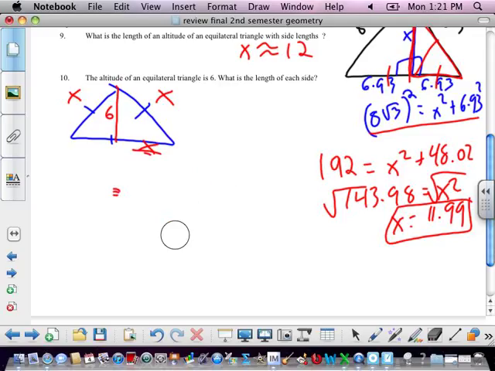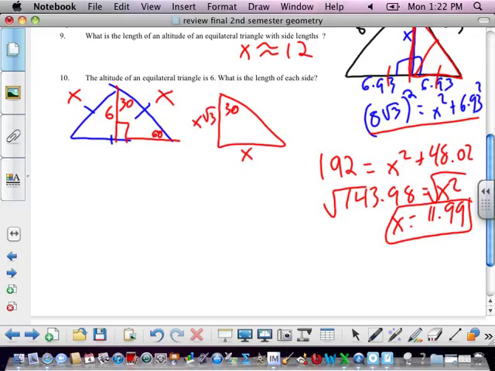Right, because this is 30, this is 60, it's a 90 triangle. So that's 6. So if we want to find out what x is, we know that is the hypotenuse, the longest. Okay, so for a 30, 60, 90 triangle, if this is 30, this is the smallest side, this is x, this is x square root 3, and this is 2x.